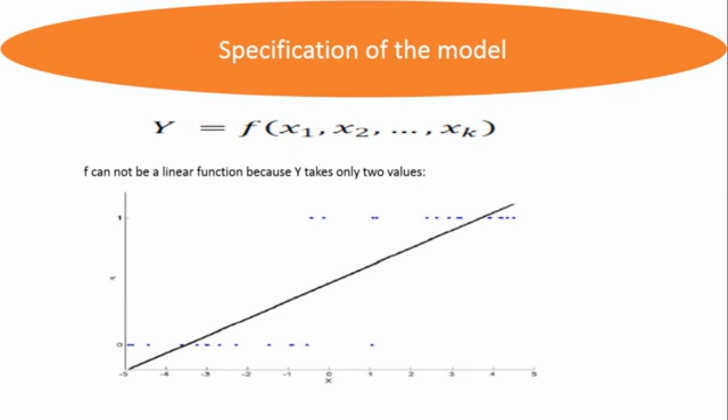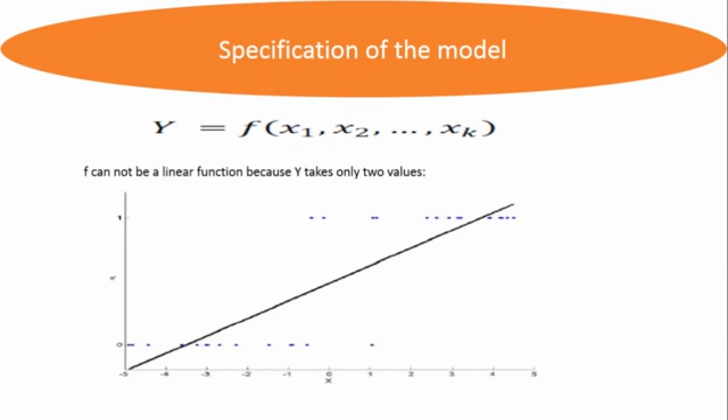So you need to know that in this kind of specification, our function that relates y to the descriptors cannot be a linear function because y takes only two values. So you cannot use a linear function.